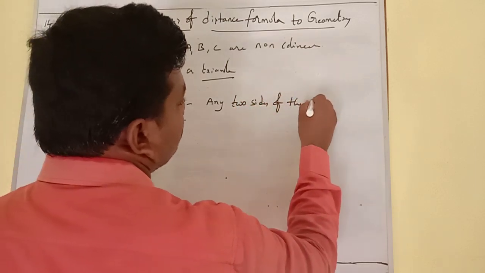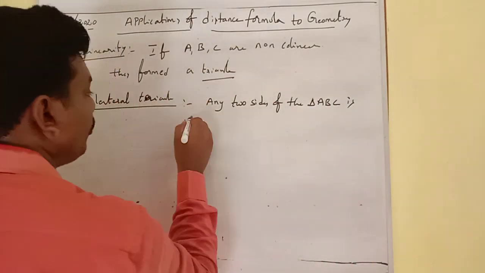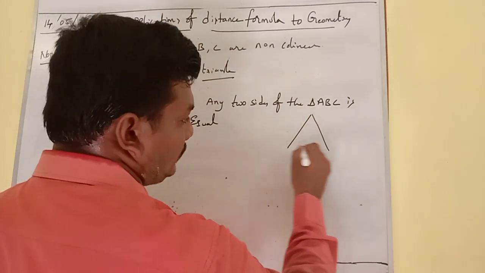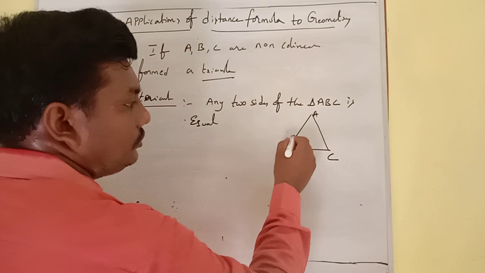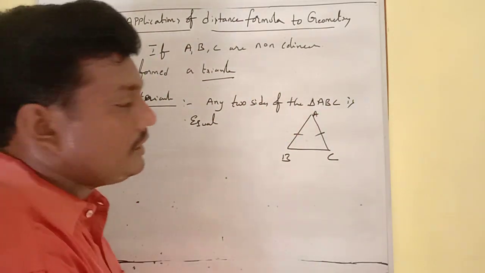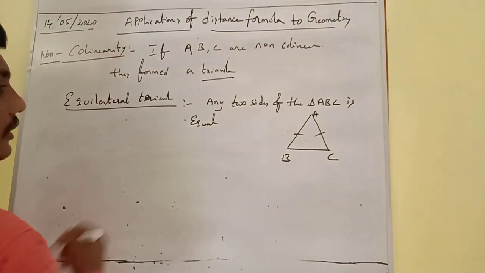If you consider any two sides of triangle ABC and these two sides are equal, then we know that ABC is an isosceles triangle, or an equilateral triangle.